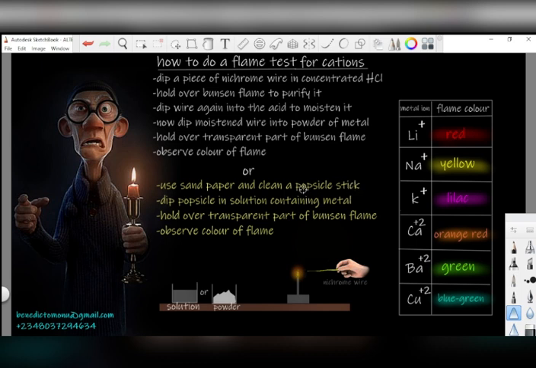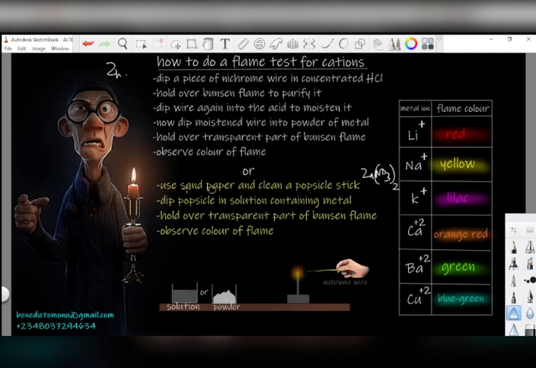Usually we use a popsicle stick when you have a solution that contains the cation. In this case, we have a powder of the metal, but here we have a solution that contains the metal as a cation in it. For example, the first one can be used to get powder of zinc, but when you have zinc nitrate, for example, in solution, you would use a popsicle stick.